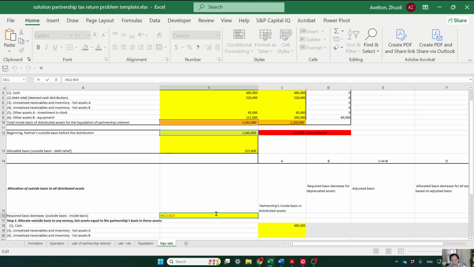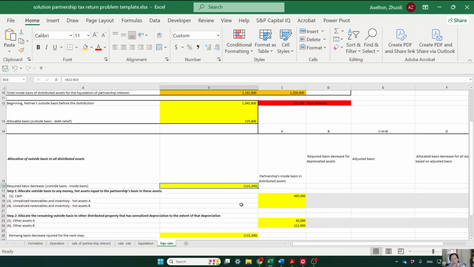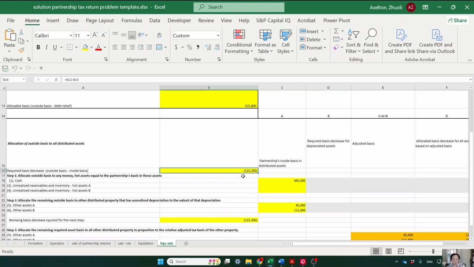In this case, the difference between the two is $115,200. Because of the gain deferral, we're going to reduce the basis of the assets received by the partner accordingly. So once we have that $115,200, first I'm going to allocate to the cash. Allocate to cash 485. There's not much to it because it's cash to cash.